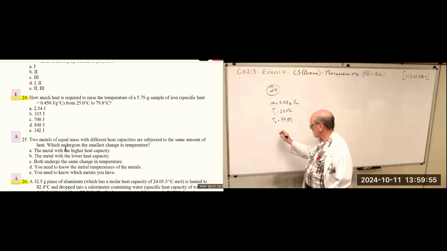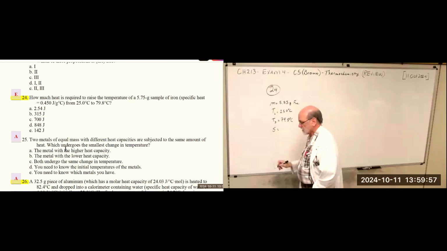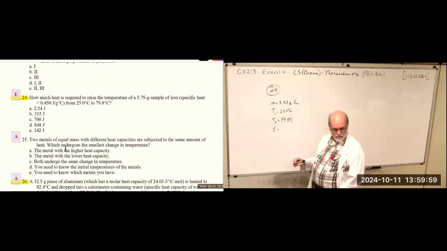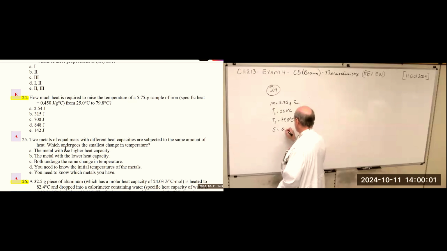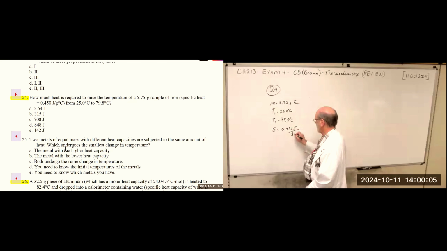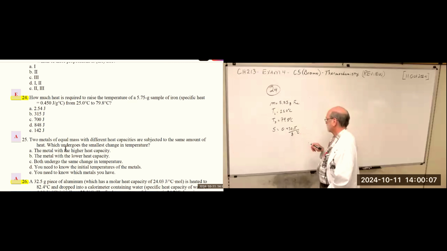We're also given the specific heat of iron, 0.450 joules per gram degree C.